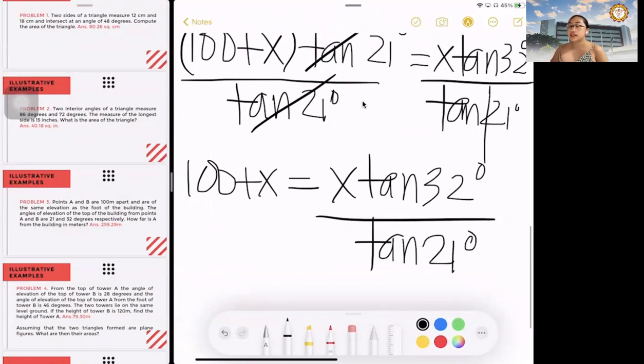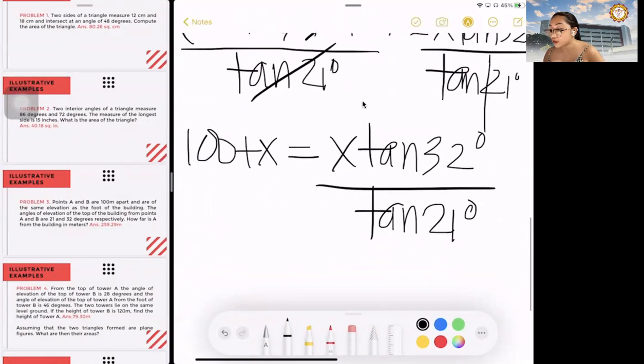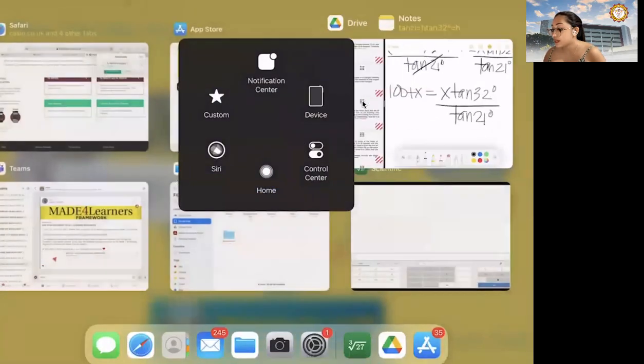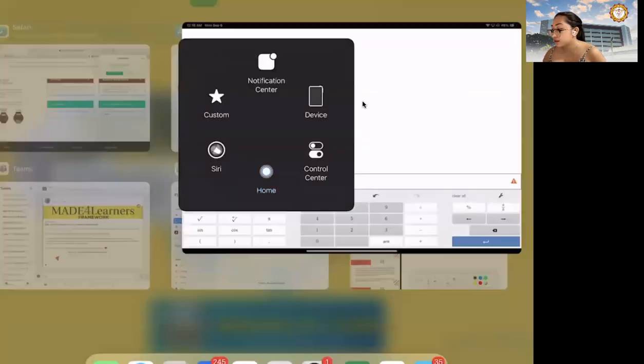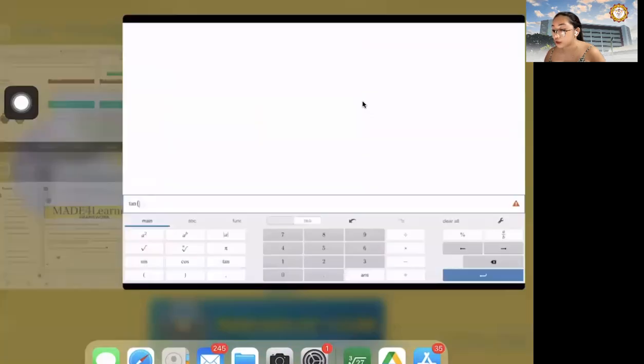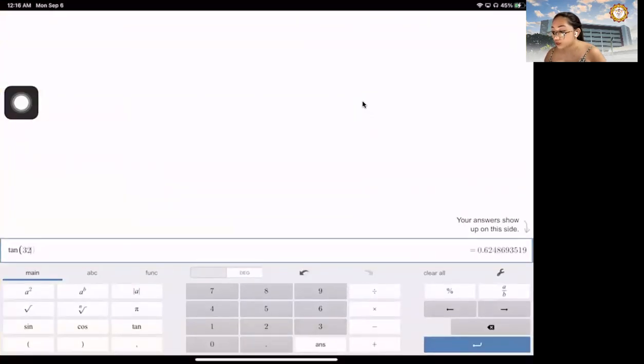Of course, tangent of 32 over tangent of 21 can be solved via calculator. So let us open our scientific calculator. So tangent of, what's that? It's 32. So tangent of 32.